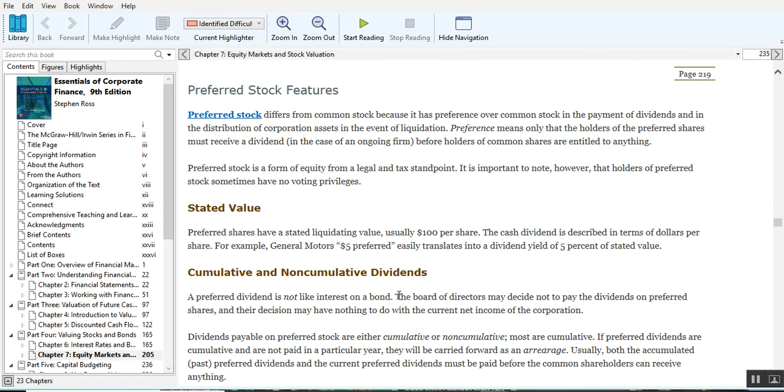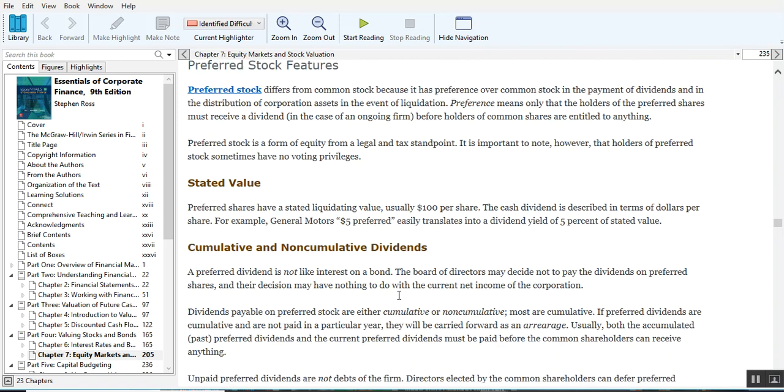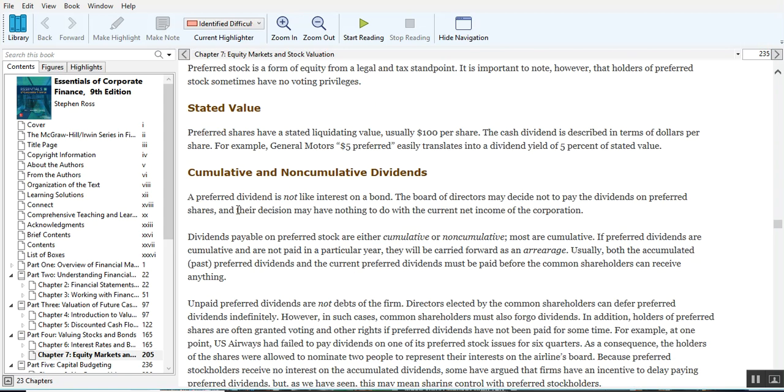That's the thing that they give up in order to get the preferred status. So they may have a stated liquidating value, and then the cash dividend is usually described in their share description. So here, for example, General Motors $5 preferred stock basically means that you're going to get a dividend yield of 5%. So essentially that's what that means.